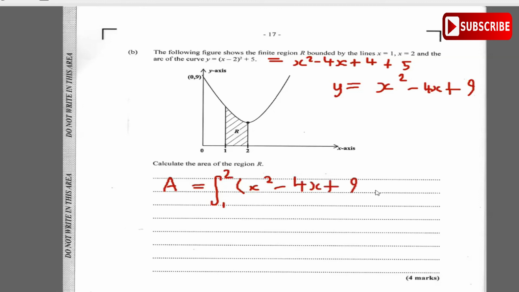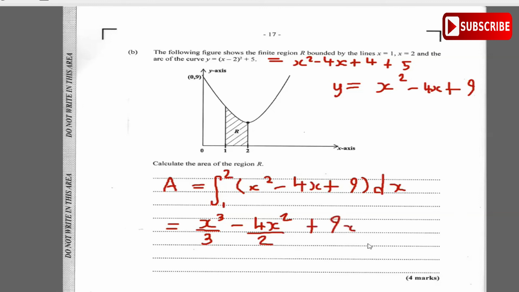Nice and easy. We're finding this area. So when we integrate this, we add 1 to the power to get x cubed, divide by the power of 3, minus 4x: add 1 to the power to get 4x squared, divide by the power of 2, plus 9x.